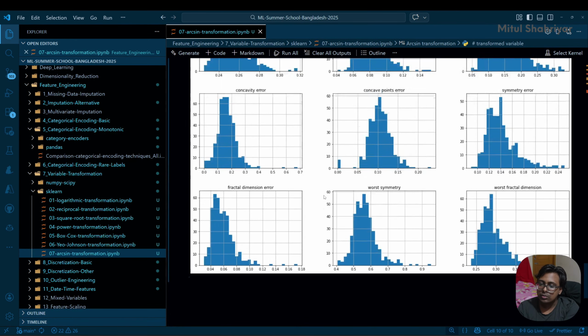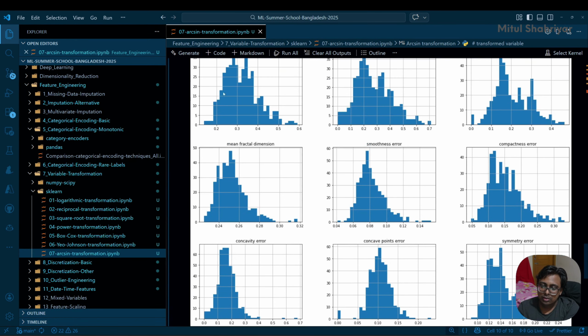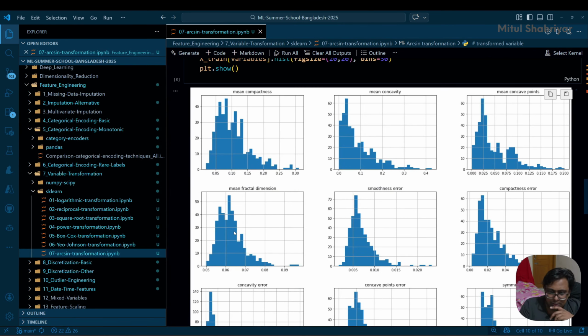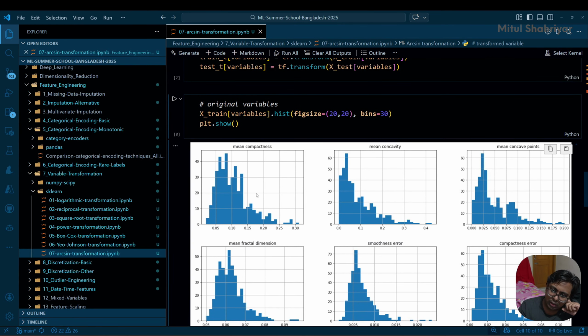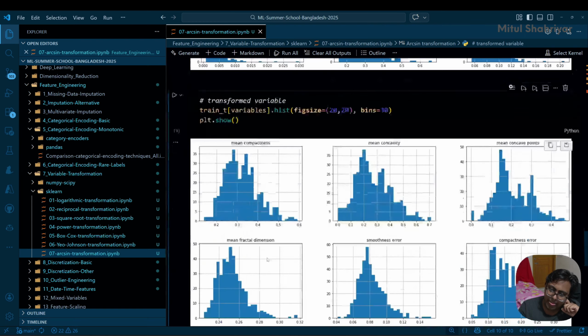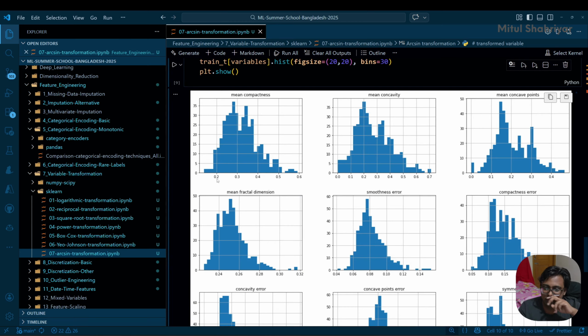It is in the middle. Compare the earlier one for compactness here: totally to the left, you can see. But after that, not totally left. There are no values here, and the data is somehow normal.